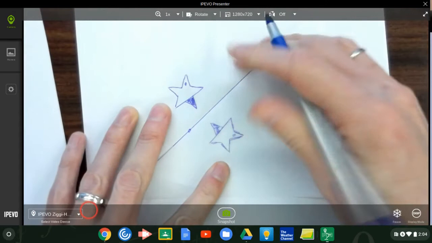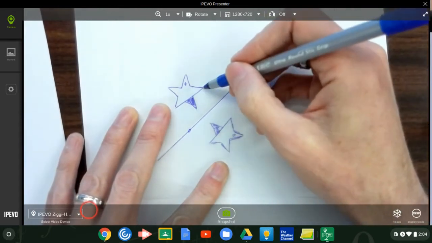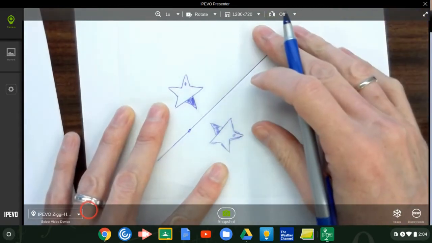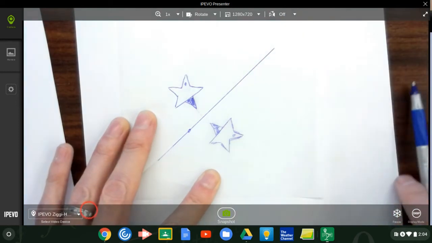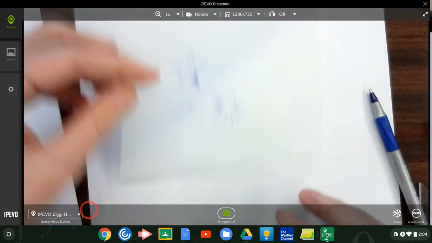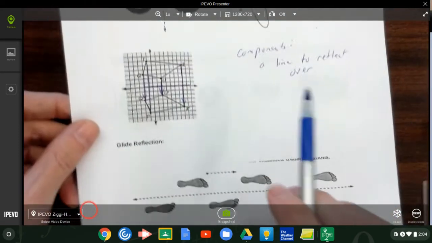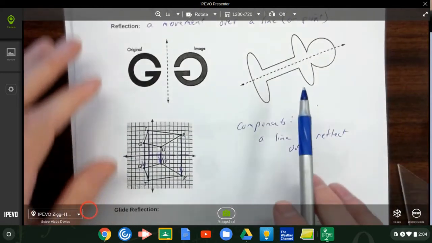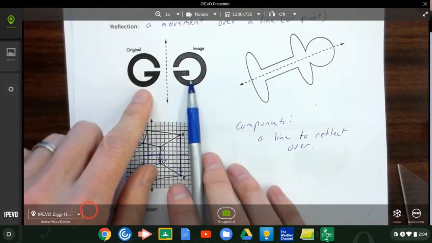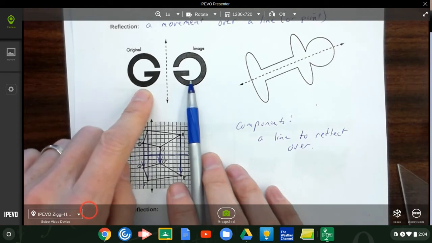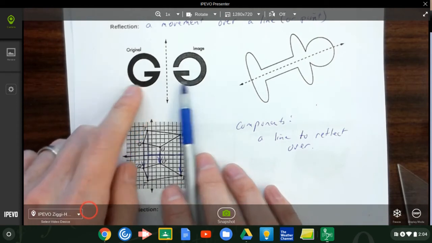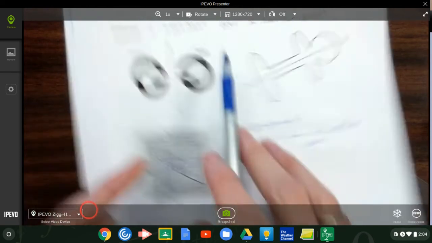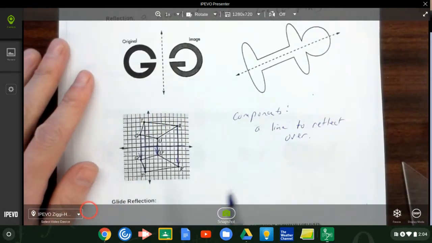Now I can see that it's reflected over the line. So that's how reflection works, okay? Simple process. So that's reflections. They're just flips over the line, and you get the same figures. Remember, we said that they're isometries because they preserve the shape. They change the way they look. They change the way they're turned, but they keep the same shape.